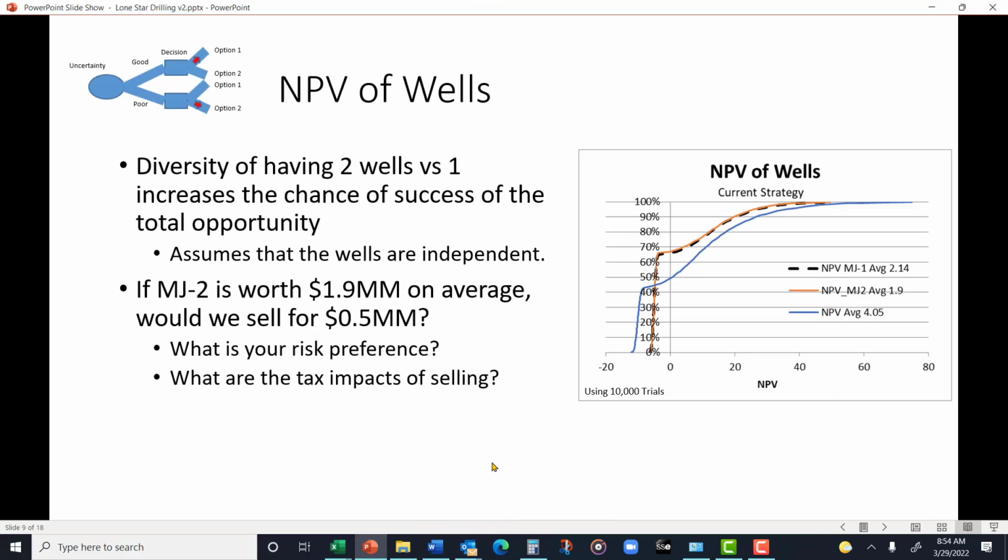Moving on. So let's look at the NPV of our wells. This is without information. The black line here represents the NPV of MJ1. And we can see that MJ2 is the orange line and is almost identical. It's a little bit different.